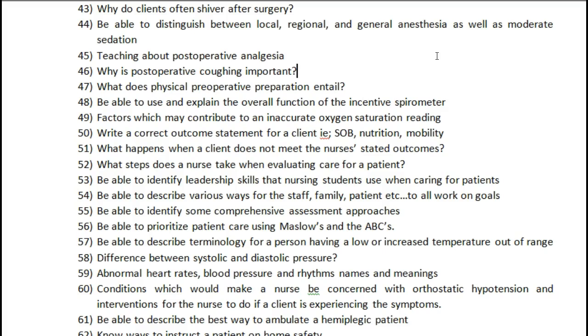Okay. Let me tell you the difference between the types of anesthesia. You've got the general, that's number 44. General anesthesia you give during major procedures that require extensive tissue manipulation. Local anesthesia involves loss of sensation in one desired site.